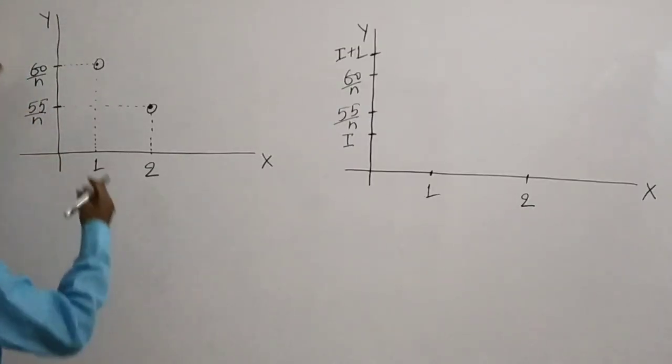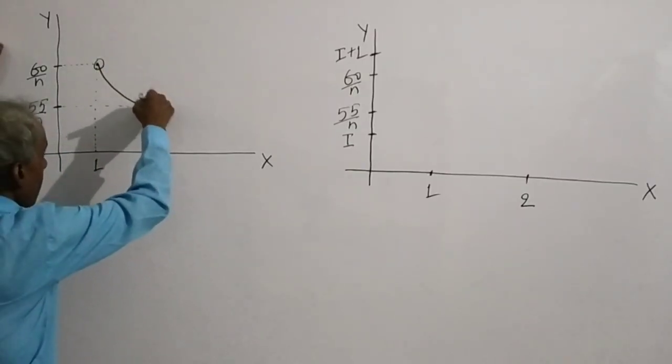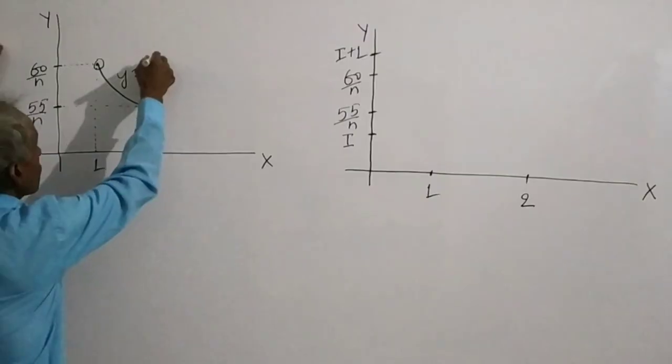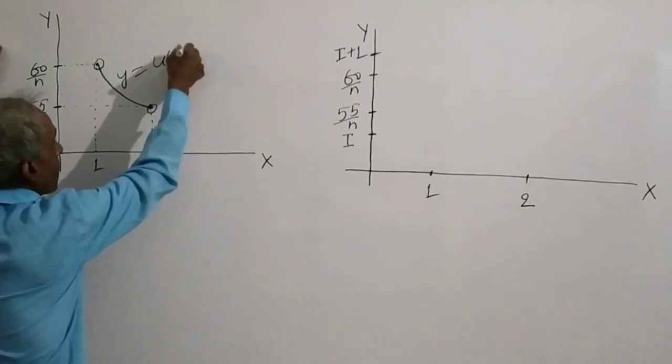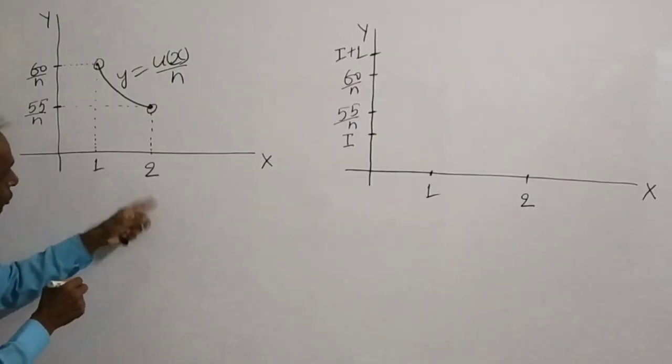This is the graph of y equal to u(x) by n in the interval 1 to 2.